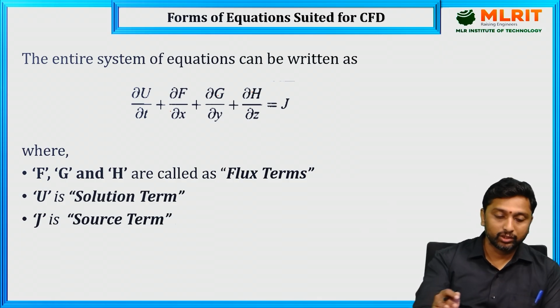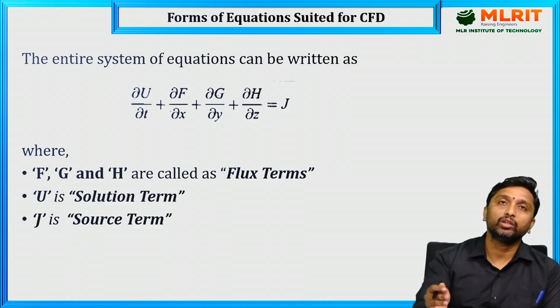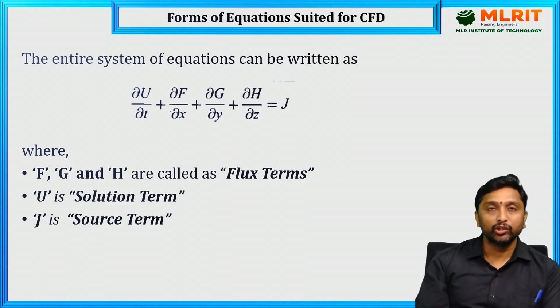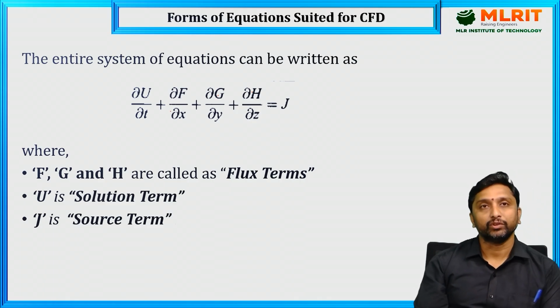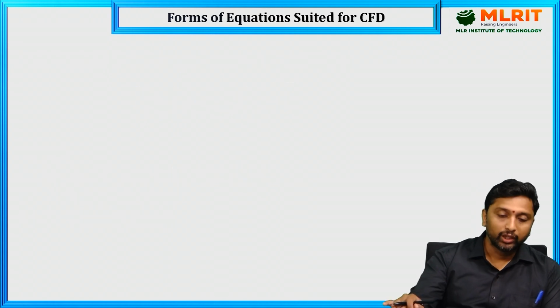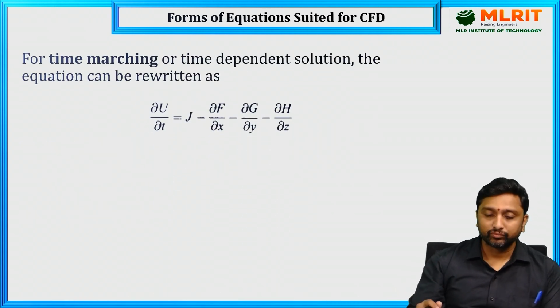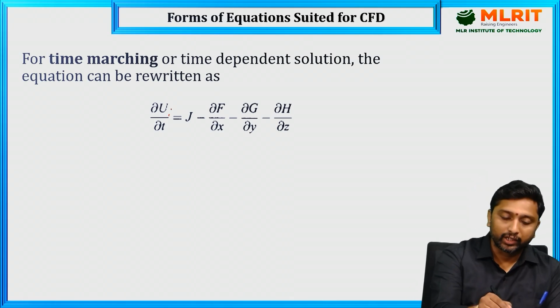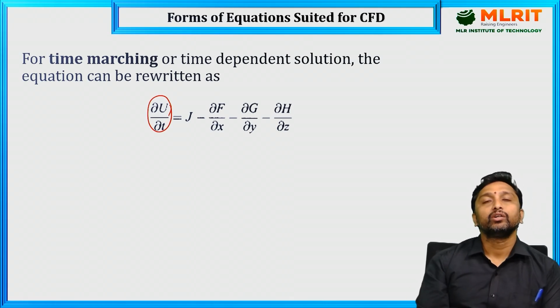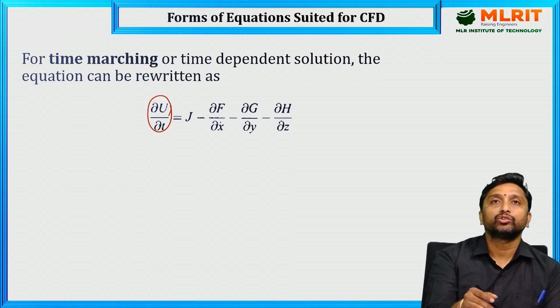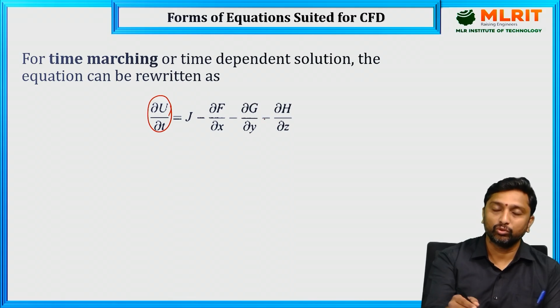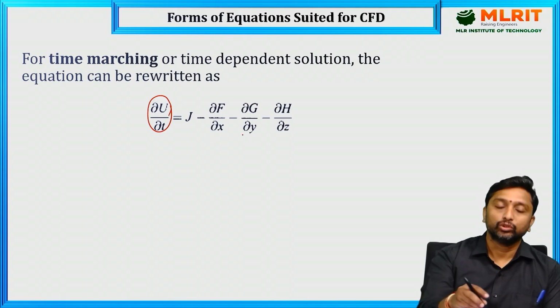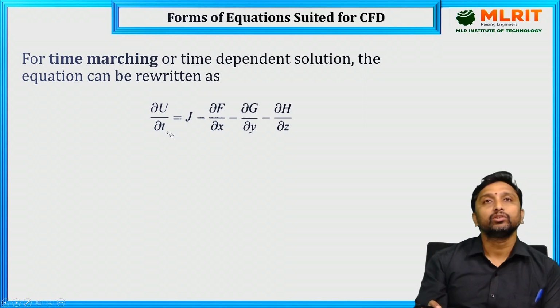Everything can now be solved, and all the changes are taken into account in this form of equation. Now let us apply it for a time marching, or time dependent, solution. You can directly go for ∂U/∂t equals J minus ∂F/∂x minus ∂G/∂y minus ∂H/∂z. So you will end up with the time marching solution.